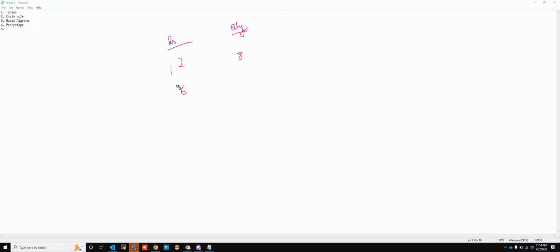So from here to here, how many times has it increased? It has increased by 6 by 2 times, correct? 3 times it has increased, right? Similarly, here it also will increase 3 times, correct? So you just need to multiply 8 by 6 by 2, that's it.